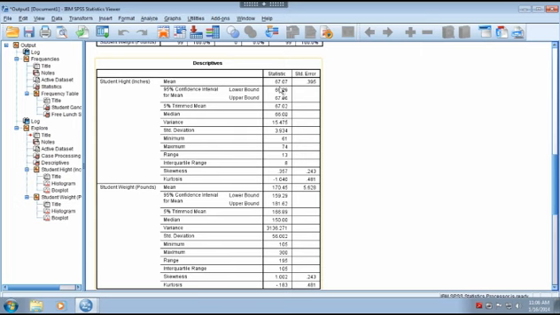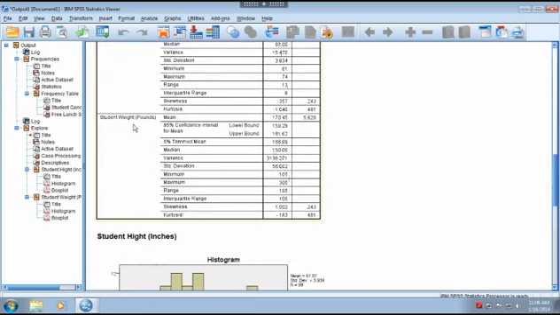Usually if it's a normal distribution, mean and median should be exactly the same, but in this case the mean is higher than the median, and so the skewness is positive, so it's positively skewed data. When you look at students' weight, the mean is 170.4545 pounds, and the median is 150 pounds. Again, the mean is higher than the median, which indicates a positively skewed data distribution.